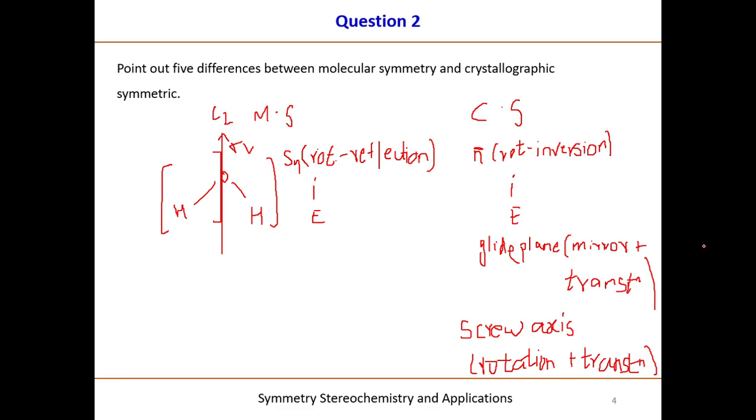While in the case of crystallographic symmetry, the symmetry element could also pass through the space near the lattice or molecule present. The molecule contains a lattice structure, and the symmetry element will pass through the lattice, that is, the space near the molecule.